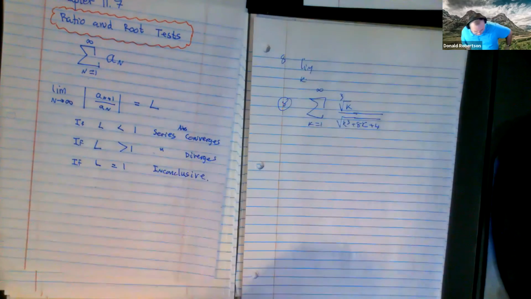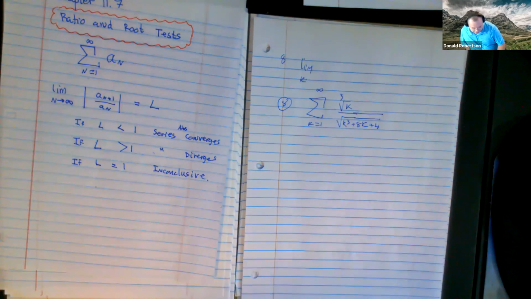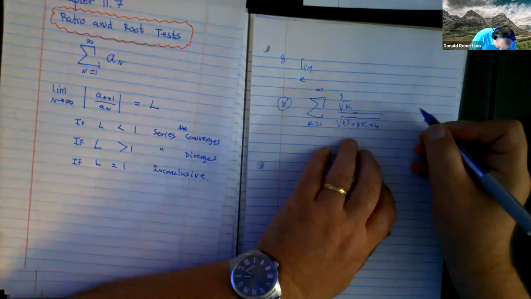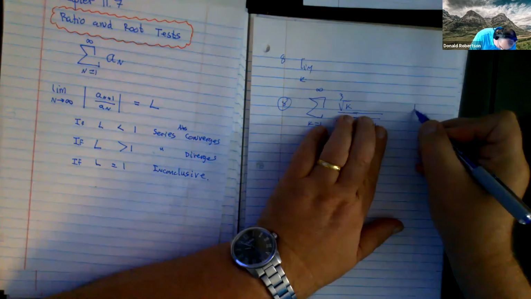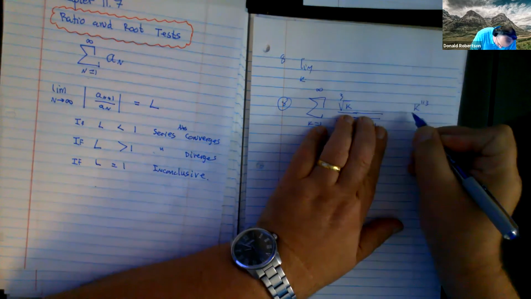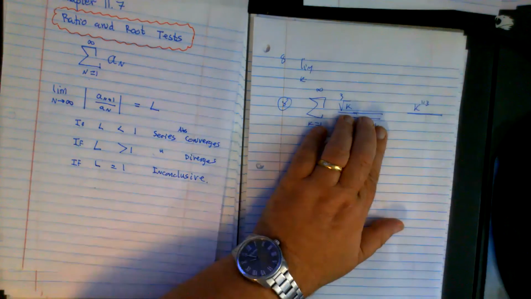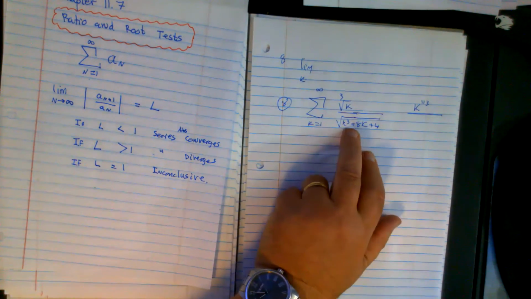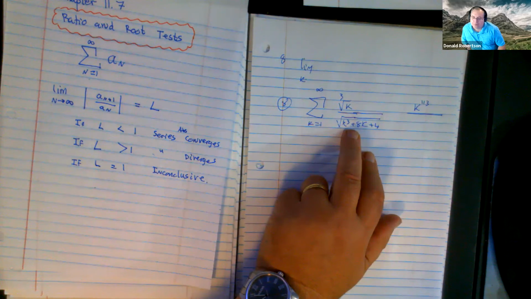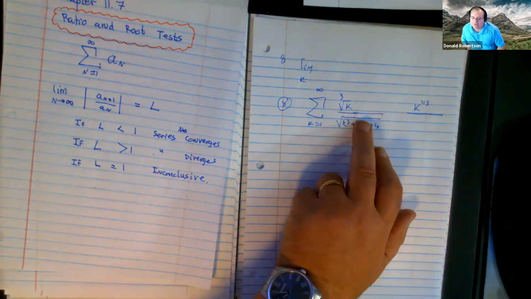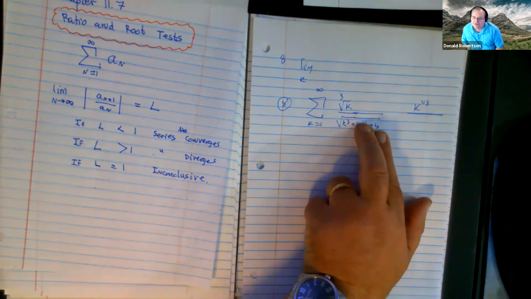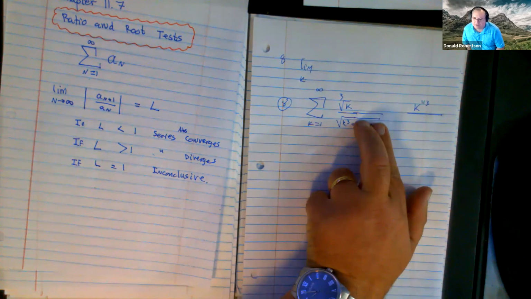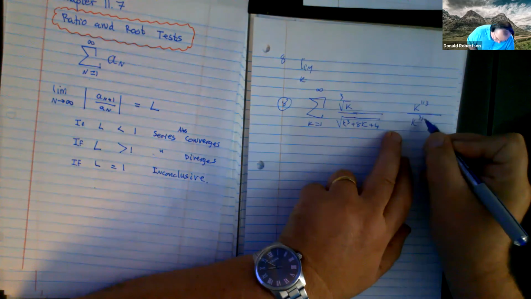Well, I'm going to do this by comparing this guy to a P series. So let's see what the P series would look like. The cube root of k is k to the 1/3. Agreed? When you talk about this bottom one, the only term that really is important is the k cubed, because that's much bigger than any of the other two terms. So that's essentially the square root of k cubed, and the square root of k cubed is k to the 3/2.